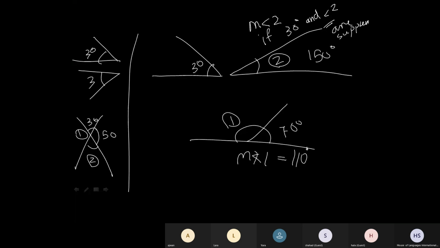It's 30. Okay. Now this one here. If this is 30, you have to know this one. I didn't do it, so we can't. No, it's not 30. I didn't tell you it's supplementary or vertical. I didn't give you any information.